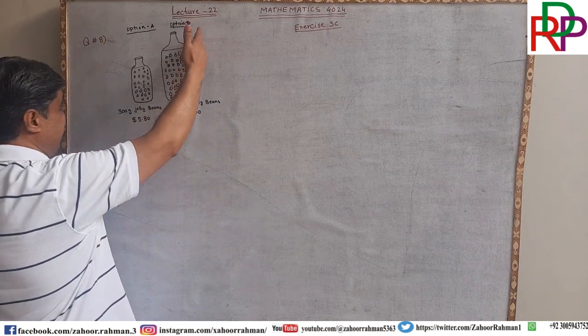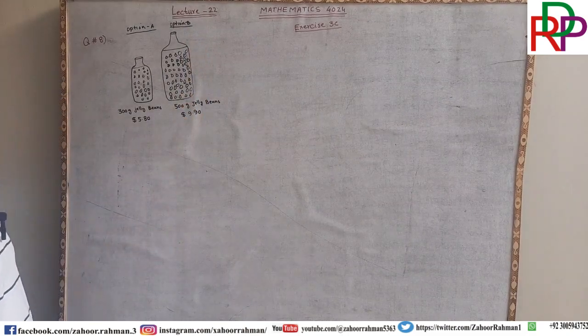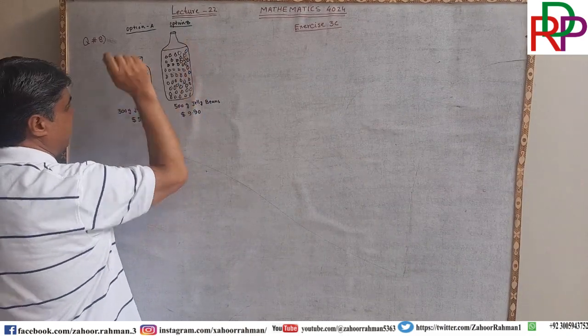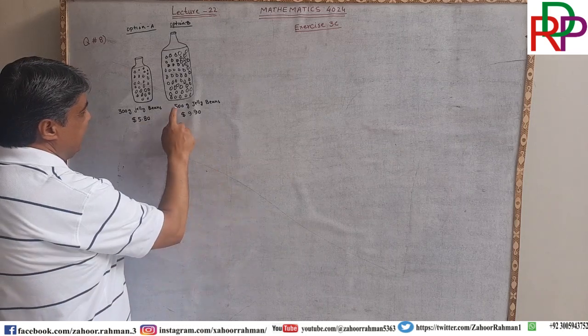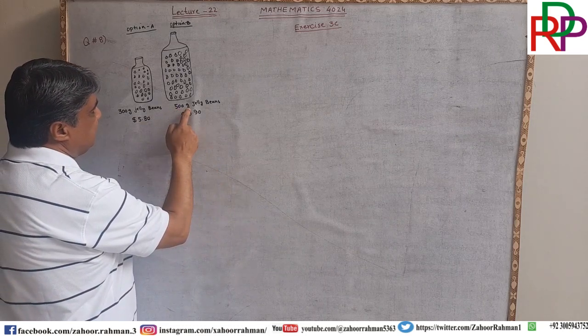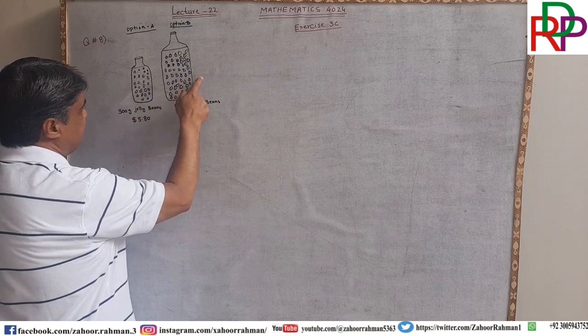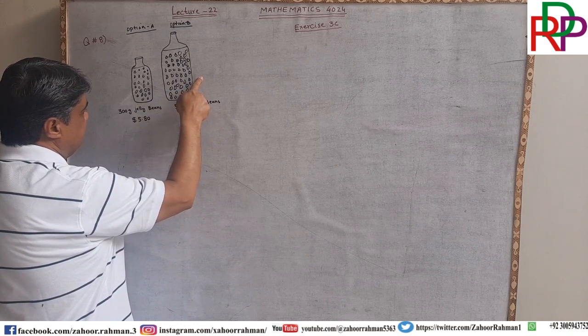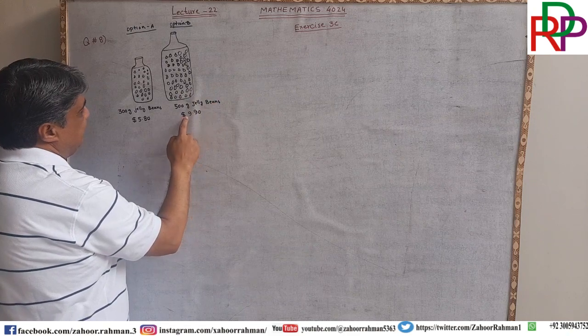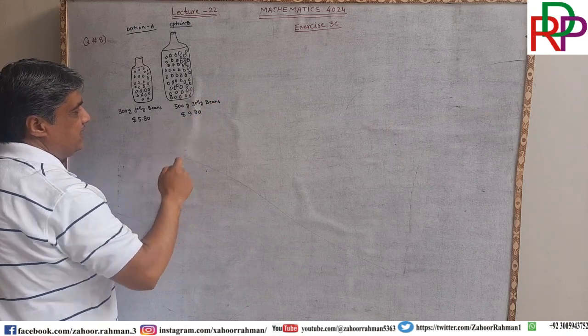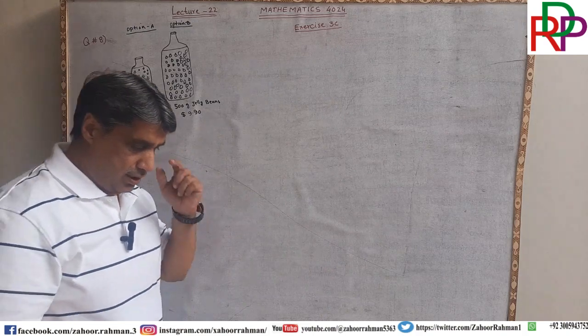But there is another option with me, and that is the bigger bottle. And they are saying that 500 gram jelly beans, this is 300 gram and this is 500 gram. Jelly beans cost $9.90.